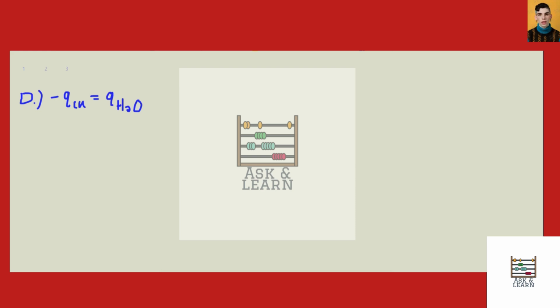So we do Q equals MC delta T. We're going to have negative 121.00 grams. In fact, to save space, let's not use the units. Times 0.385, and we're going to multiply this by delta T, because Q equals MC delta T. Let's just change this to T minus Ti. Ti is going to be the initial for both water and copper, and T is just going to be our new final temperature.